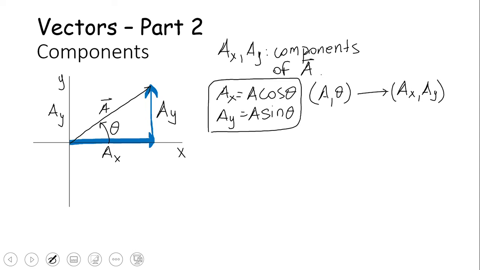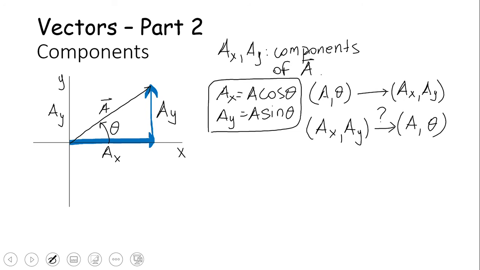Now the question is, what if we have the components? What if we were given a sub x and a sub y and we wanted to find the magnitude a and theta? Is there a way to go backwards? Let's say we know a sub x and a sub y and we want to go backwards and obtain a and theta. And the answer to this is yes, there is a way.